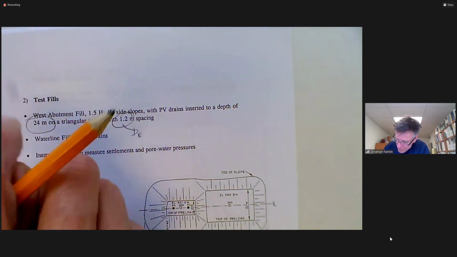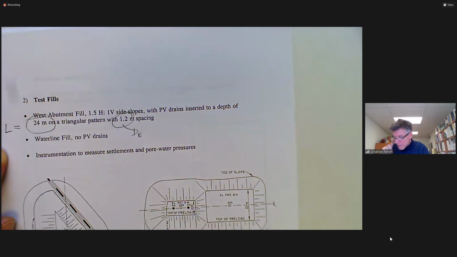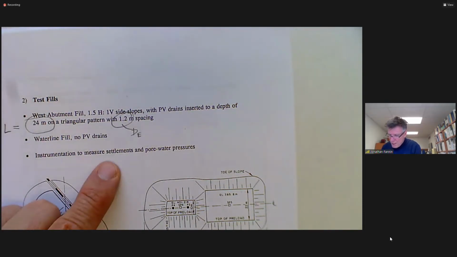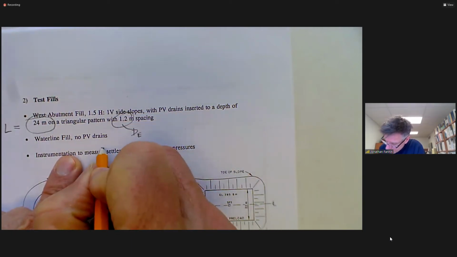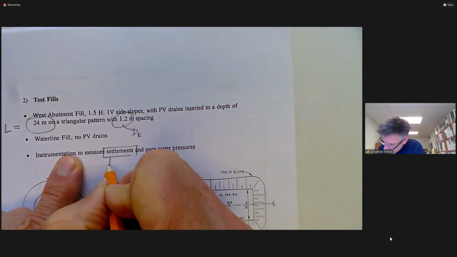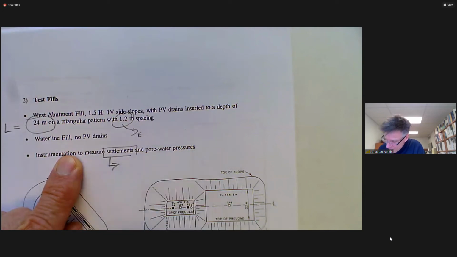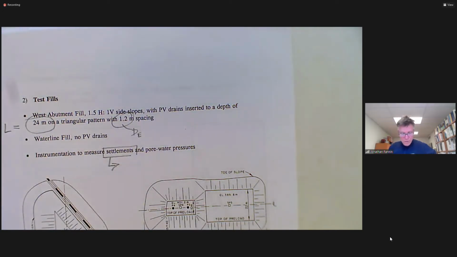We'll get to where that comes into our function. Remember that function, the expression. And instrumentation to measure settlements is going to give us a relatively direct route into the coefficient of consolidation.